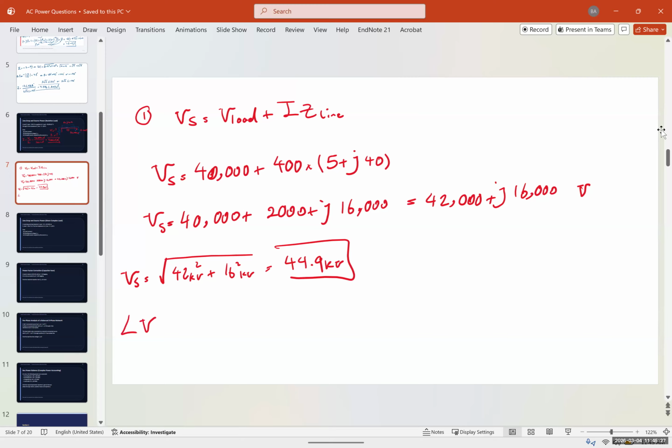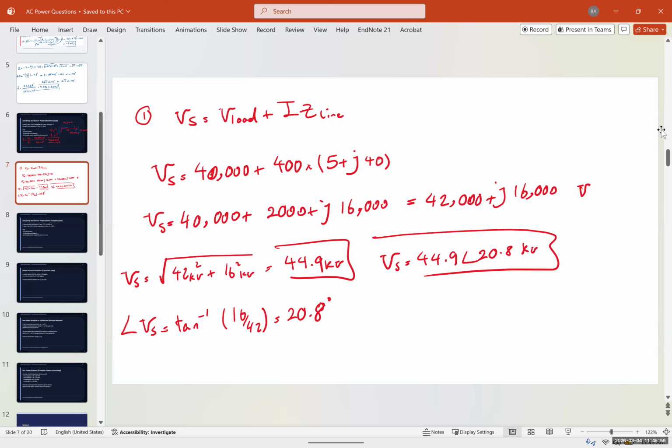Now, the angle of Vs is going to be tan inverse of 16 over 42, which gives us 20.8 degrees. So Vs would be equal to 44.9 kilovolts with an angle of 20.8 degrees.